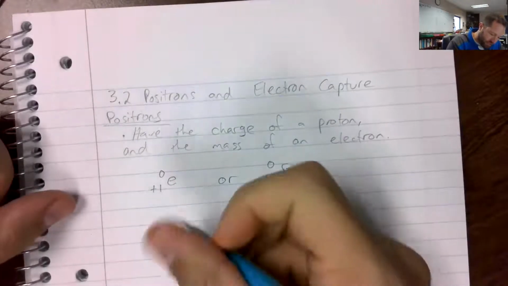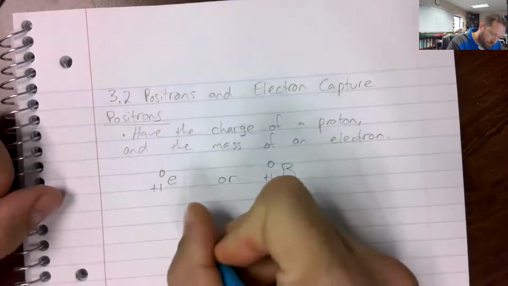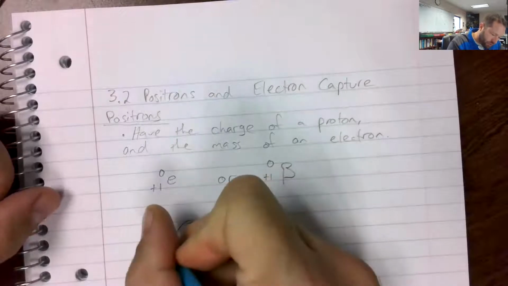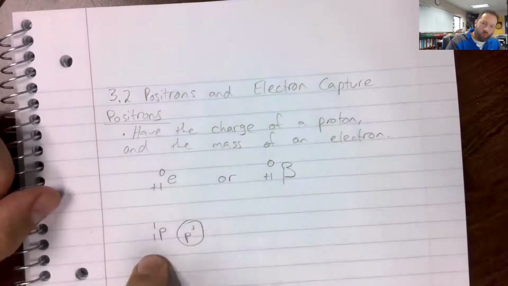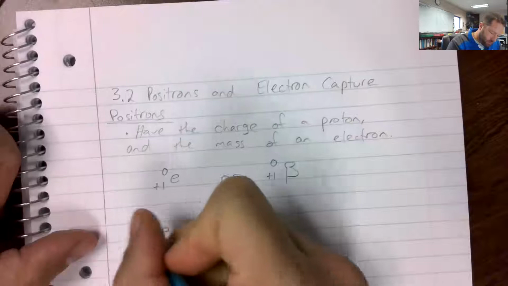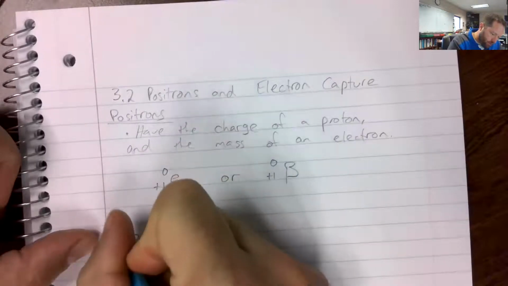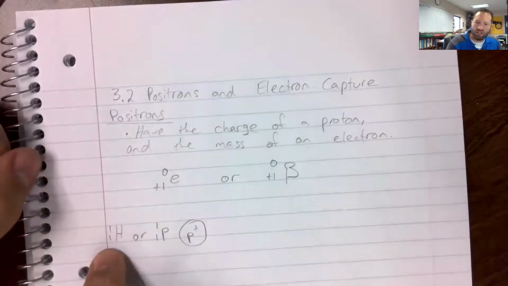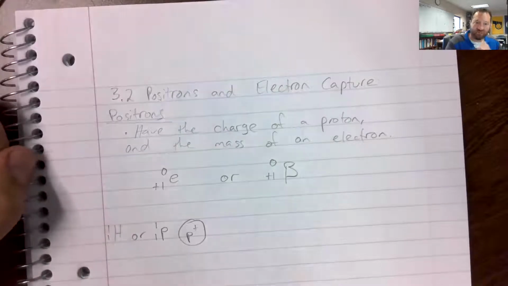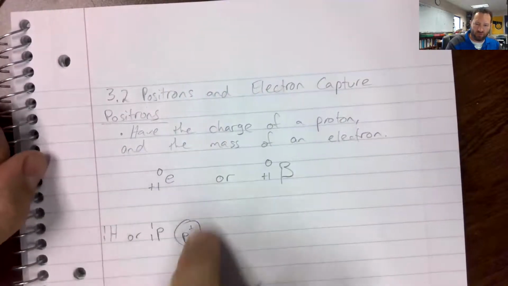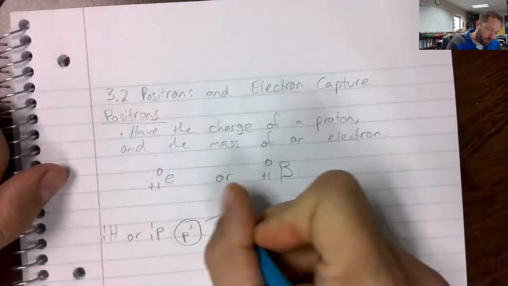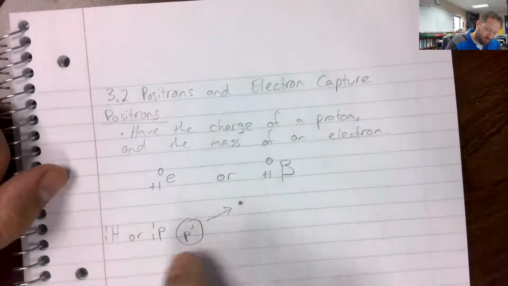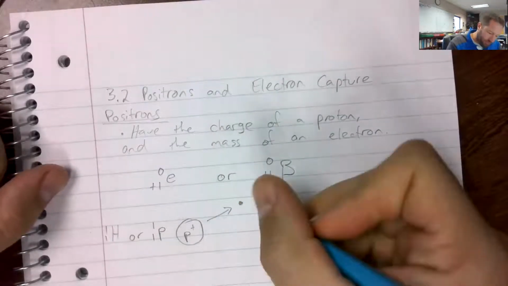So we get positrons when you have a proton in the nucleus. And again, the symbol for proton, 1/1 p, or a lot of times you see it 1/1 H because a hydrogen has 1 proton and most of them have a mass of 1. So either of these symbols is fine for the symbol of a proton. And what happens is that proton splits in half.